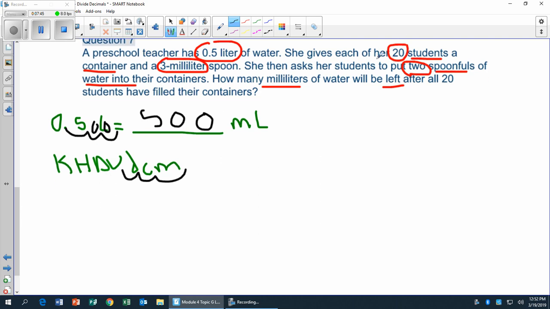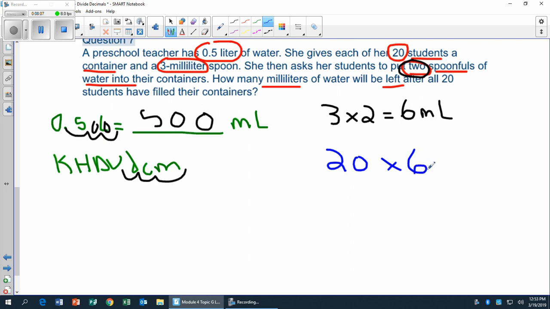She gives each of her 20 students that 3 milliliter spoon, but they're going to do this twice. So every time they have their 3 milliliter spoon, they're going to do it twice. So we know that they're going to do 6 milliliters. And then there are 20 students, and they're each doing 6 milliliters.